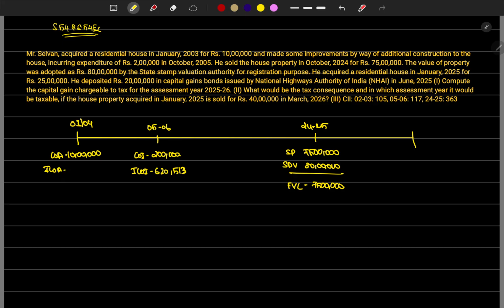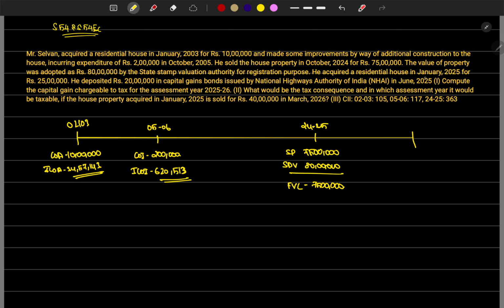Indexed cost of acquisition is 10 lakh divided by 105 into 363. This is not 3/4, this is 2/3. Which is 34 lakh 57,143. Right, we got the indexed cost of acquisition, the indexed cost of improvement, and the fair value consideration.